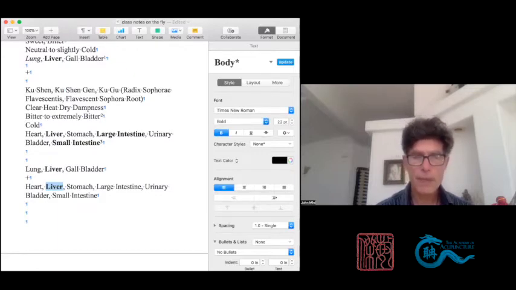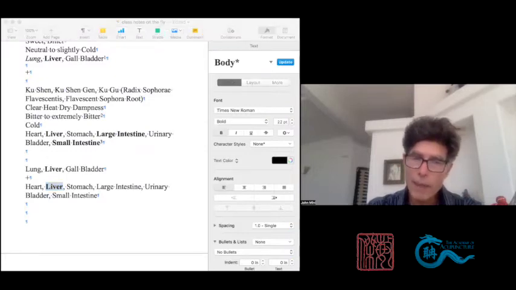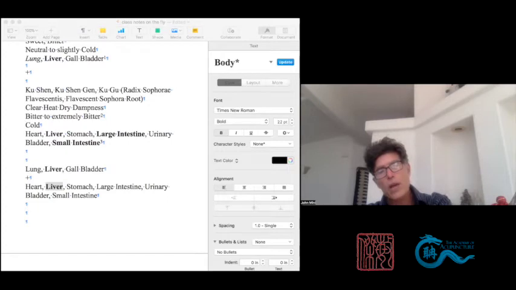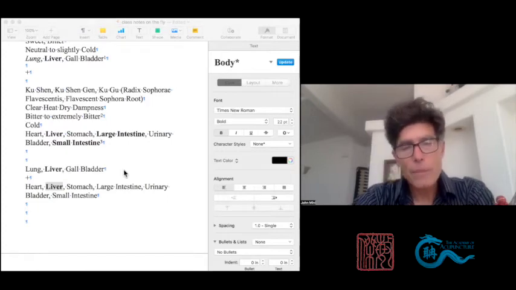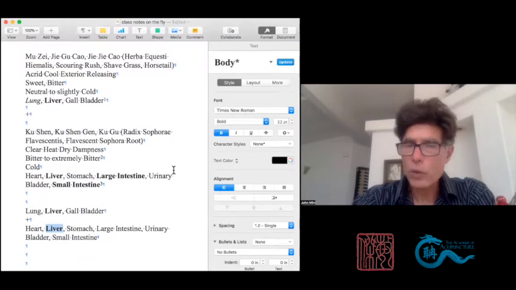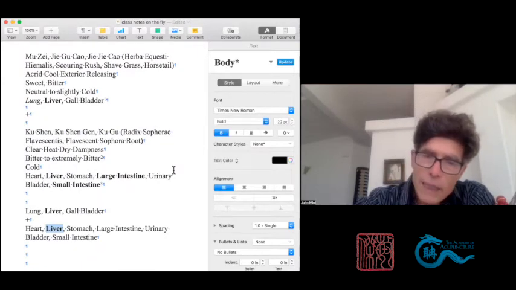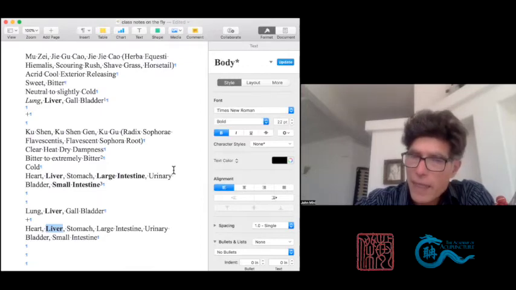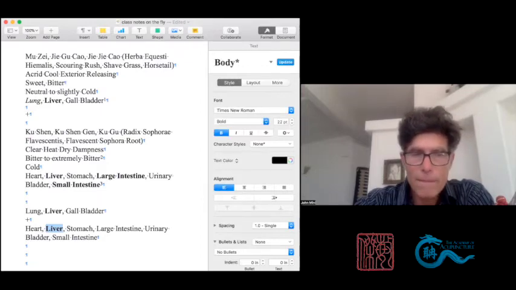So that stomach, remember, has a double importance. So we can almost say that we're bringing in that pericardium distally, all right? And particularly because the heart and the lung are involved. So that means we would have the entire upper jiao going on, going bitter and cold with this combination of Mu Ze and Kushen. That might not be so obvious to begin with, but when we really start analyzing it, that's really what's going on there.